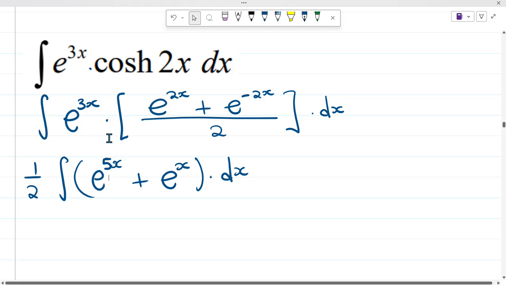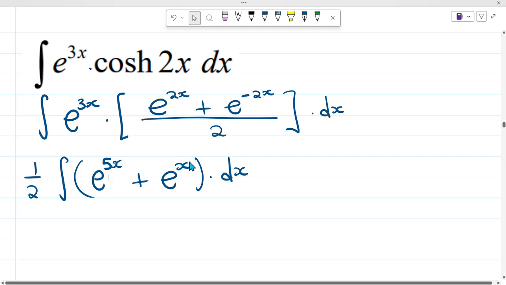How did I get it? I multiplied this and this. Whenever we multiply powers of the same base, we add the exponents. So 3x plus 2x gives us 5x, and then 3x minus 2x gives us positive x.